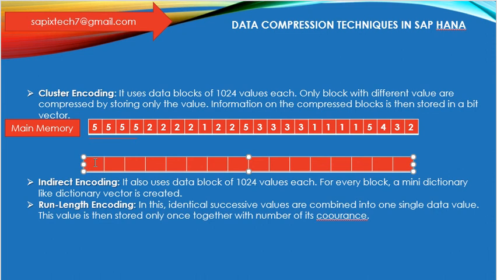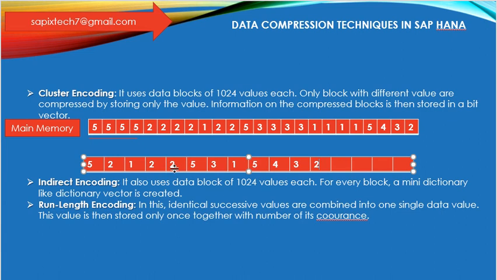It will store 5, then 2, then 1, 2, 2, 5, then 3, then 3 once, then 1, then 5, 4, 3, 2.